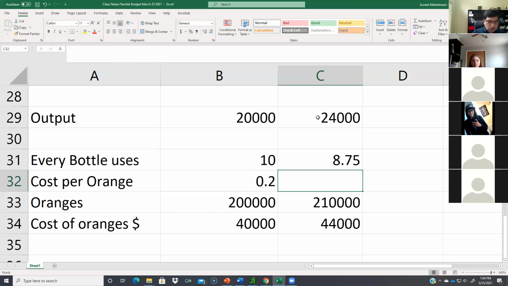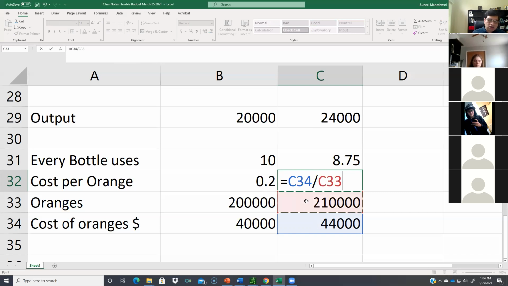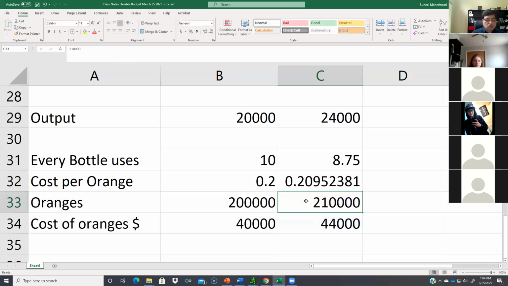And what was the cost per orange? You spent $44,000, and you used up 210,000 oranges. So cost was about 21 cents. $0.21. Okay.